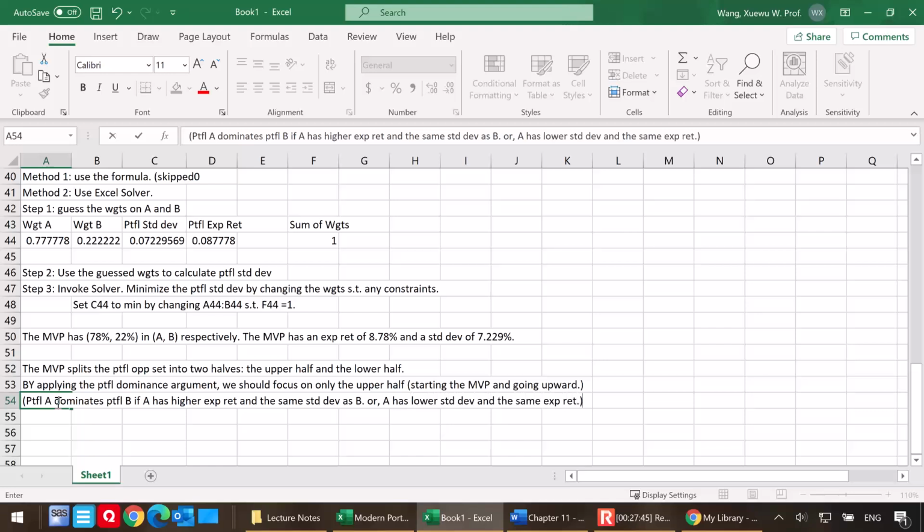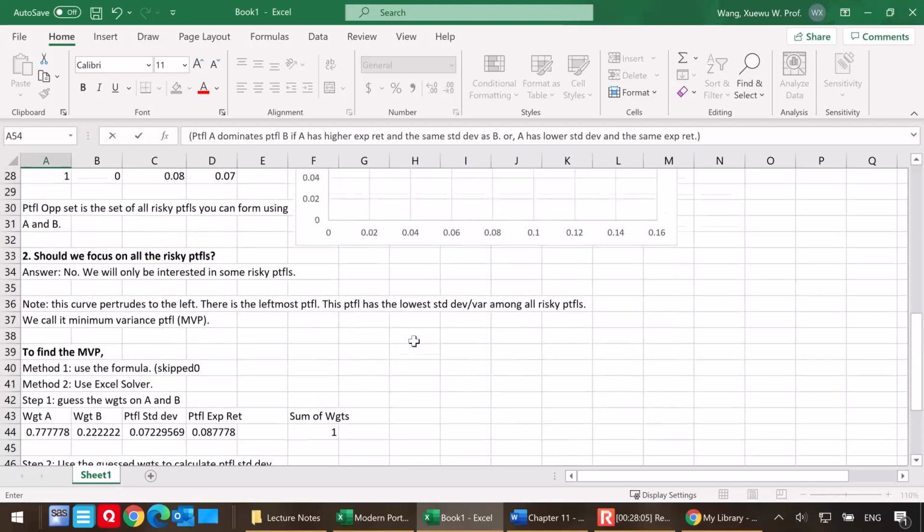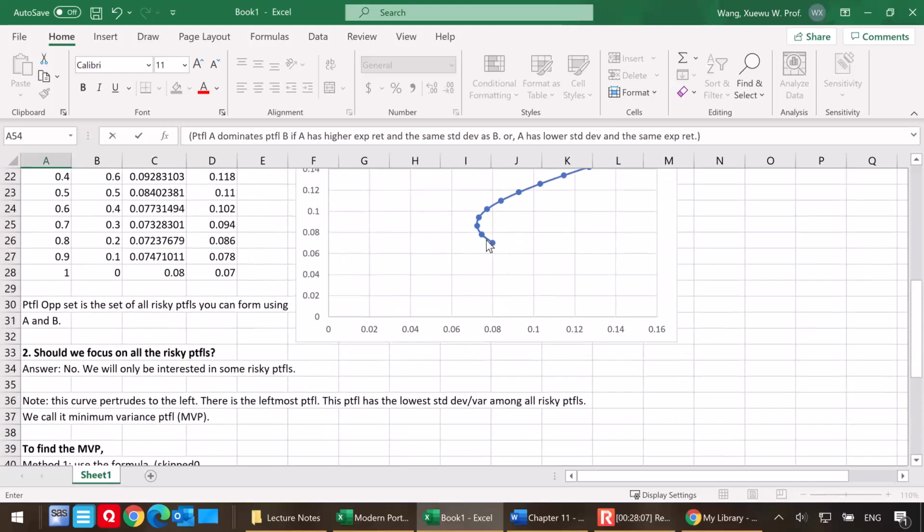These are two ways for you to understand portfolio dominance. So A dominates B if A has the same expected return but lower standard deviation, or the same standard deviation but higher expected return. In this case, I just eliminate the portfolio you picked from the lower half.